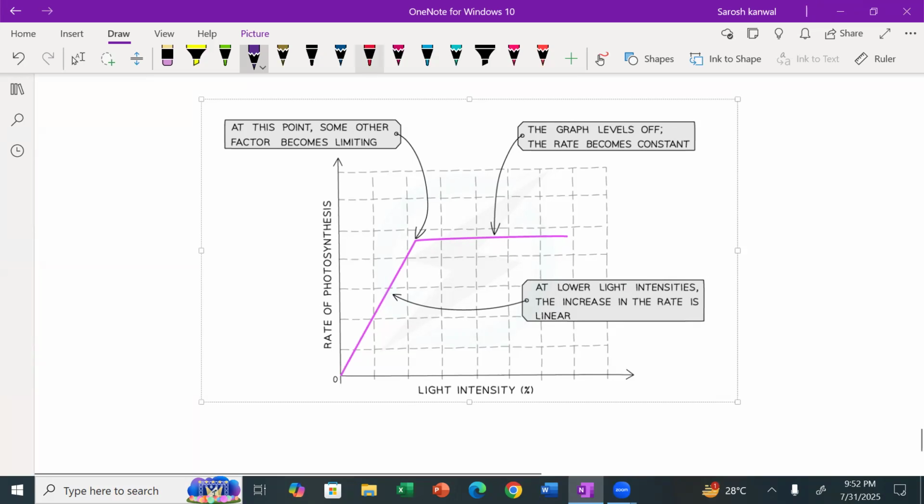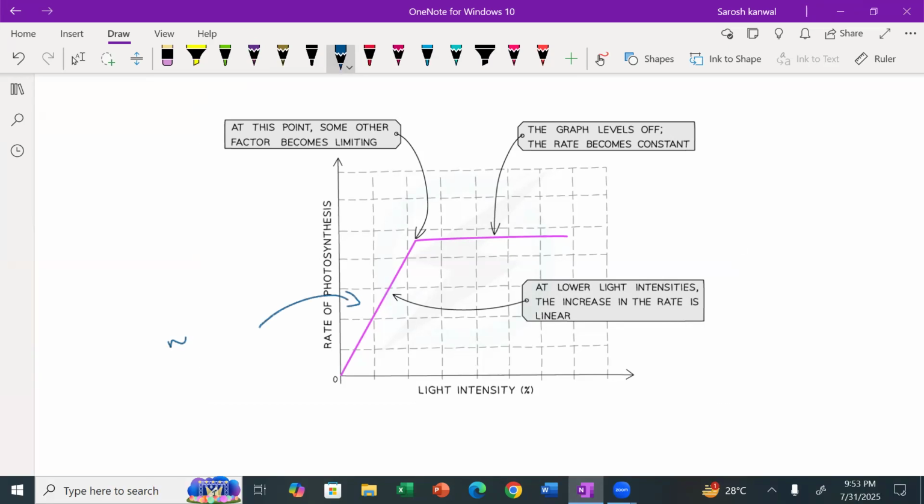Here we can see that the rate of photosynthesis and the light intensity relation was linear over here. Now, you can say that from here till here, the relationship is linear. Now, what happens over here at this end?